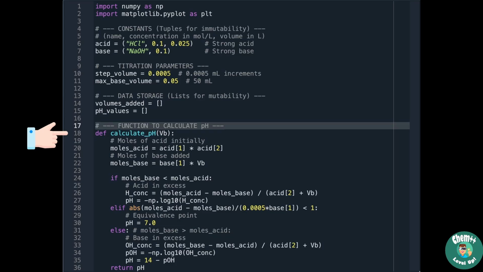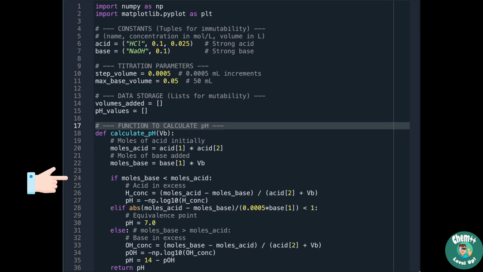Here is the heart of our computational engine, a custom function that determines the pH at any given volume of added base, VB. First, it calculates the instantaneous moles of acid and base present. Moles acid equals acid[1] times acid[2], moles base equals base[1] times VB. Then, we enter a three-way conditional branch that mimics the chemical reality of our flask.